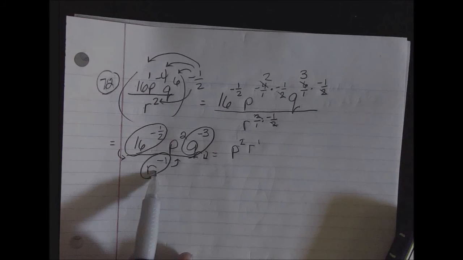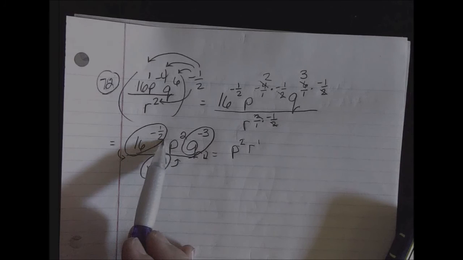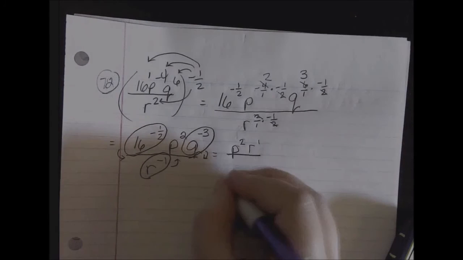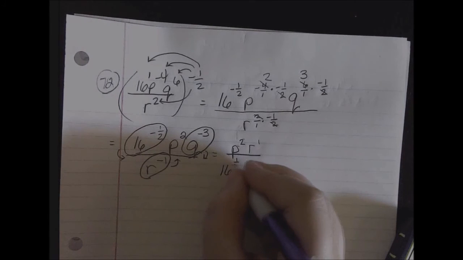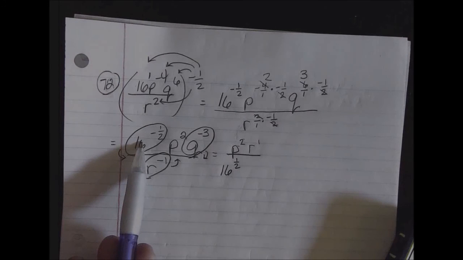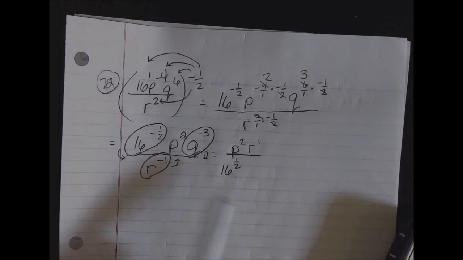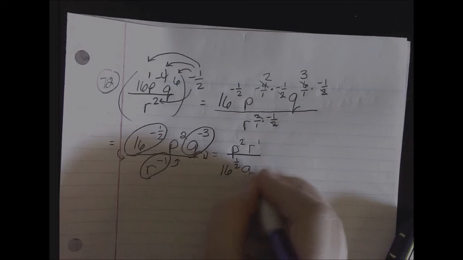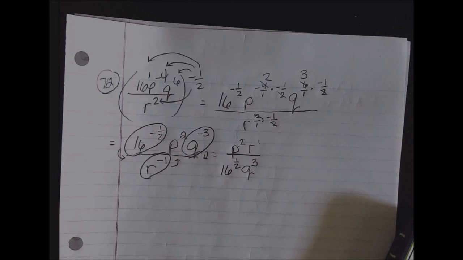Now my 16 to the 1/2 is now in the denominator. It started in the numerator. To make the exponent positive, we moved it to the denominator. And then the q to the negative 1/3, we're going to move that to the denominator, and it's going to become a q to the positive 1/3.